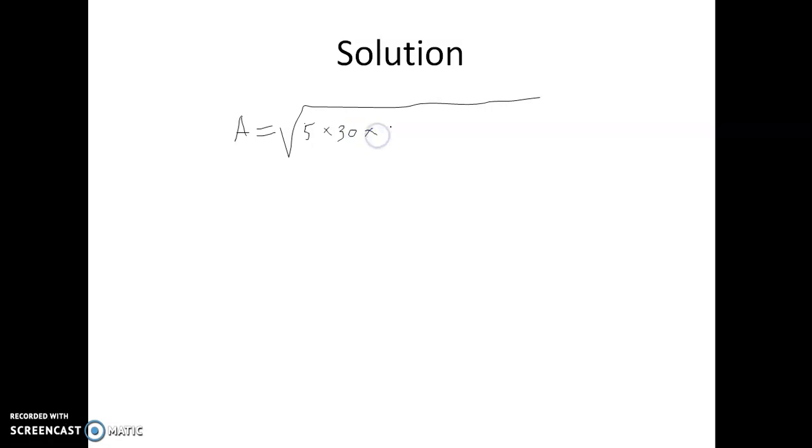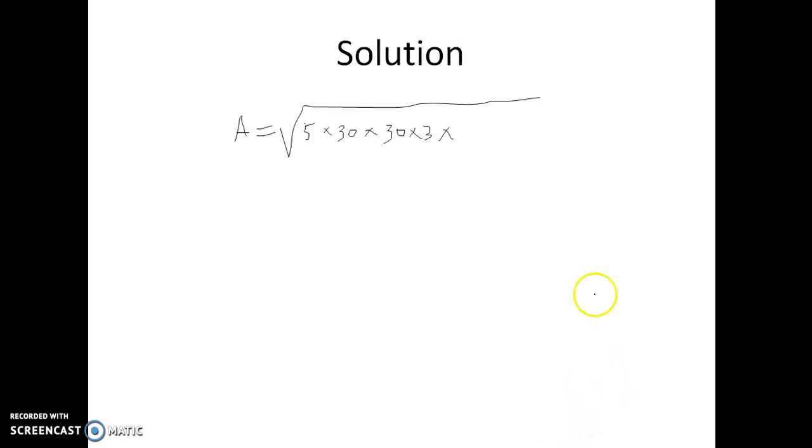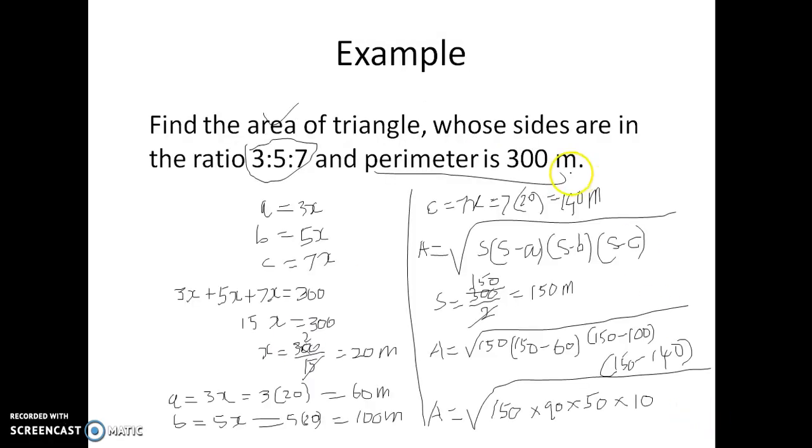Next 90, can you write this as 30 into 3. Next 50, you can write 5 into 10. And finally 10 is there.